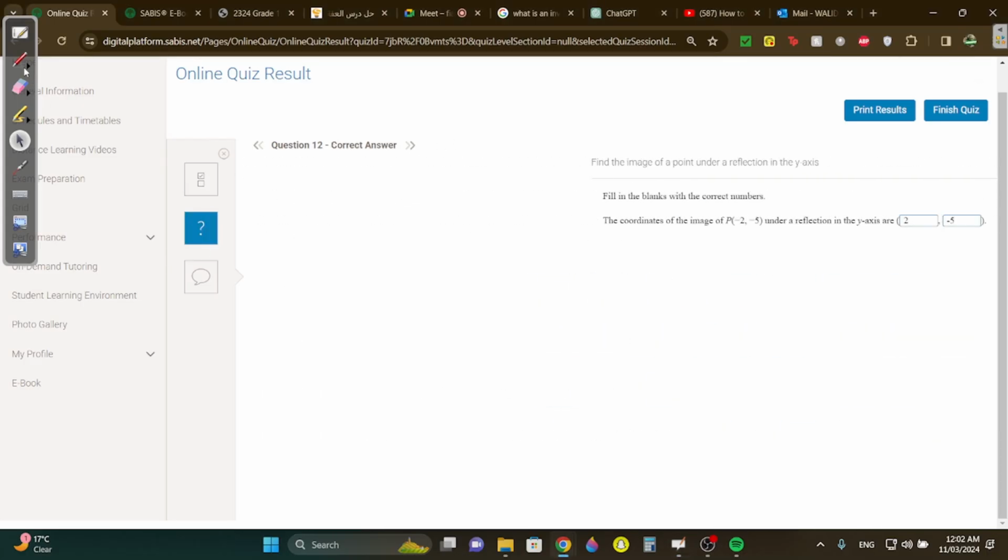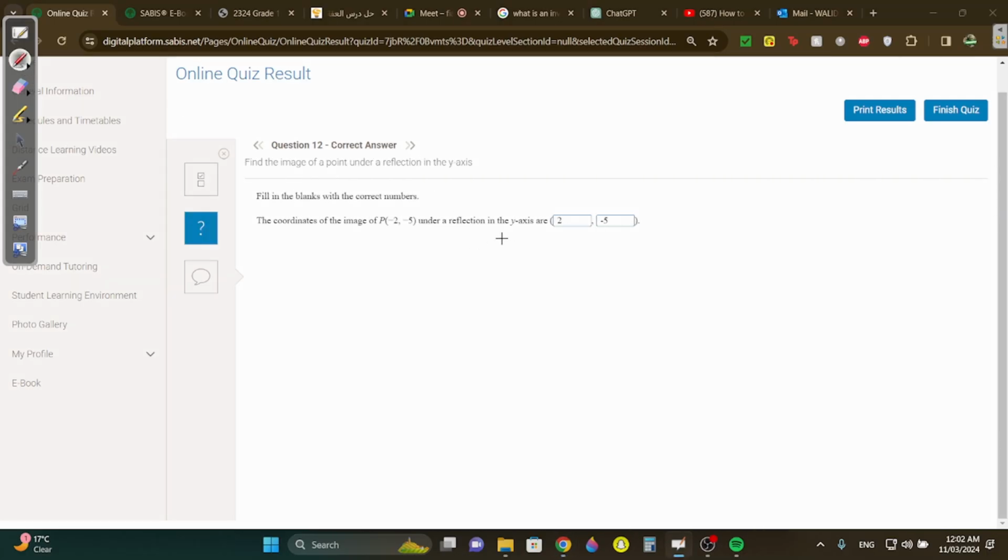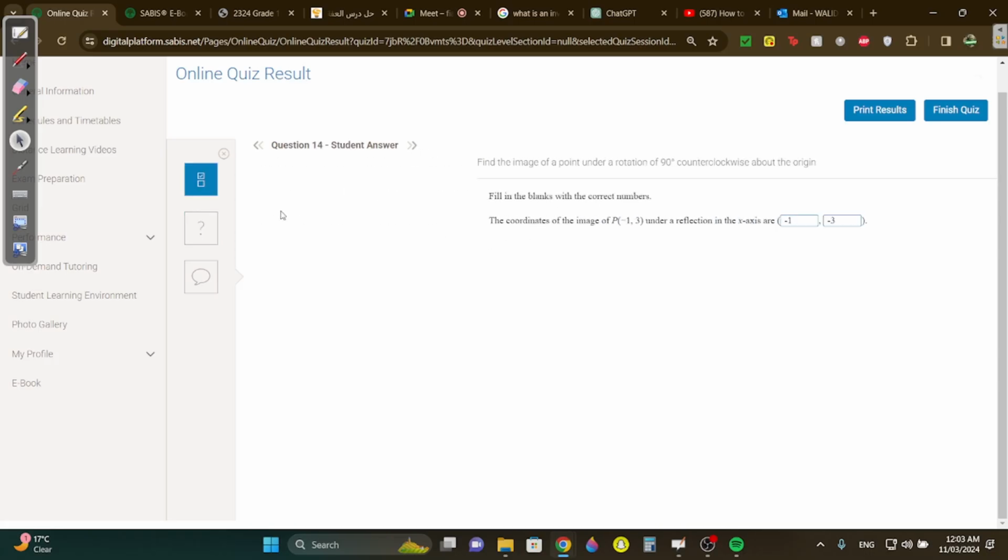Question 12. Reflection in the y-axis, you only change the x, so it becomes 2, negative 5. And then question 13, reflection in the x-axis, negative 1, 3, you only change the y, so negative 1, negative 3.